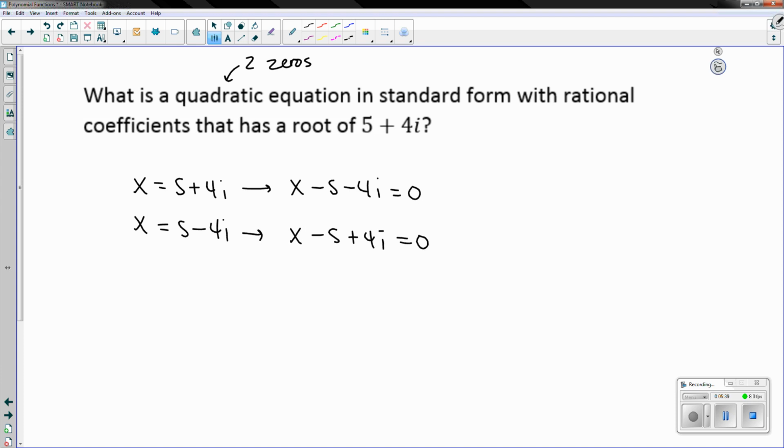We've now identified linear factors where we have a complex zero in there, and this polynomial, which doesn't say how to name it, so we'll just call it p of x, can be expressed as x minus 5 minus 4i times x minus 5 plus 4i.